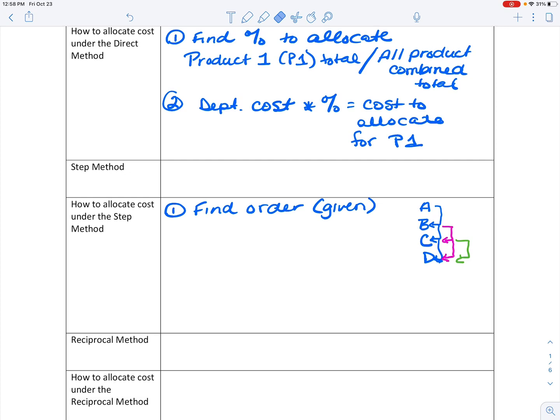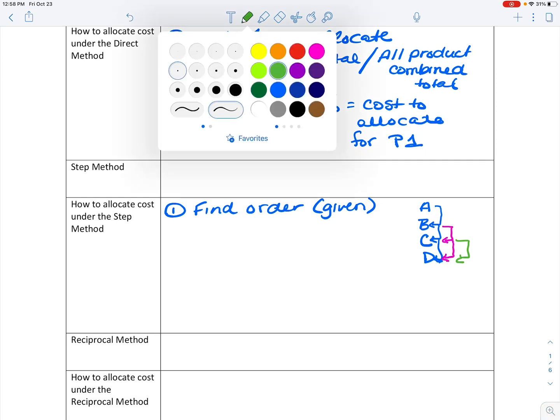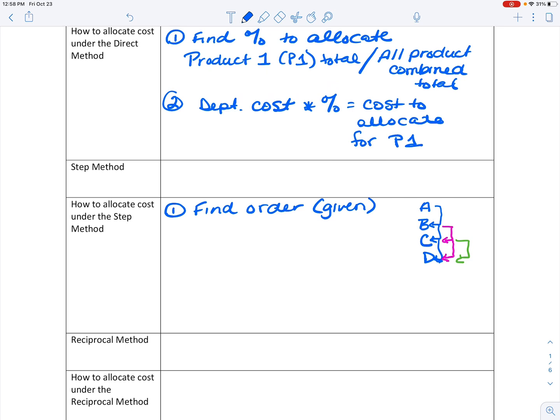So now that you have a little bit of information there as to how these costs are allocated, and we can find that order that's given to us, the next step is to find that allocation percentage and then allocate the costs.